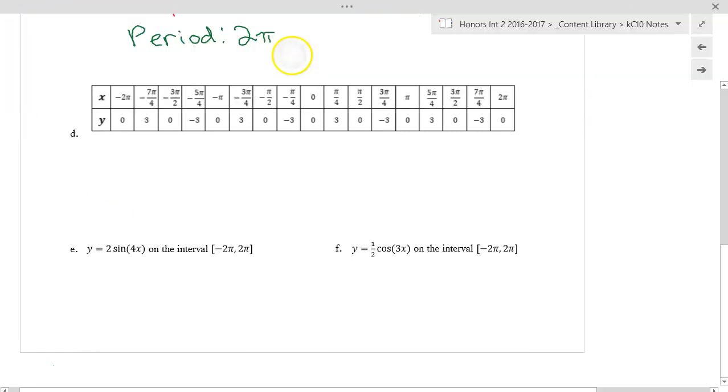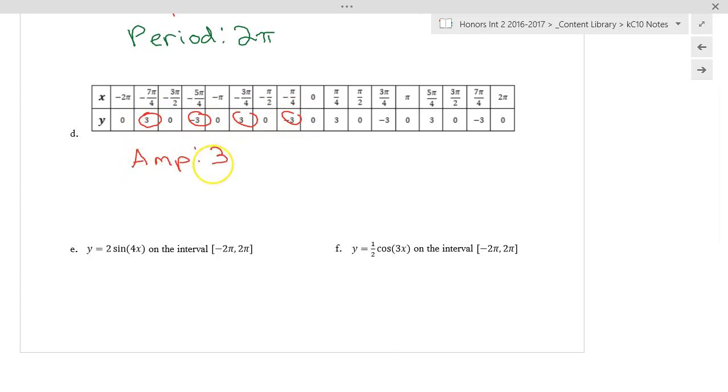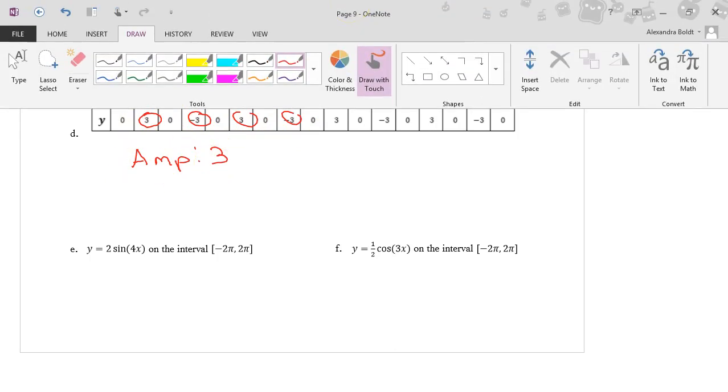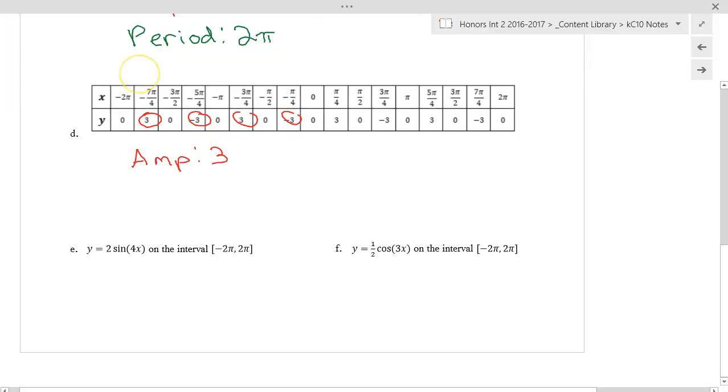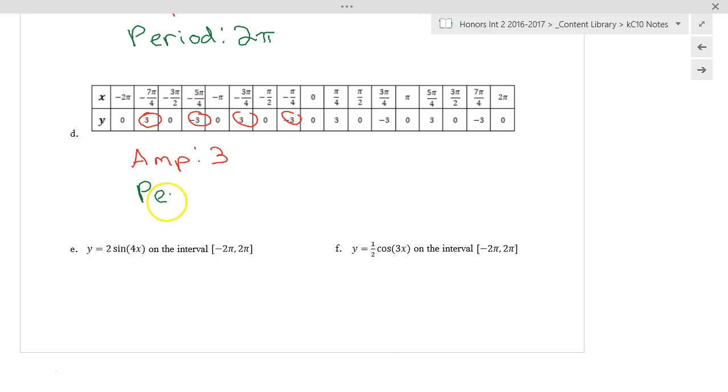C, what is our amplitude, right? Well, there's a whole bunch of 3. So our amplitude is 3. Our period, that's what's next. Right, okay, again, start at 0. 0, max, 0, min, 0.